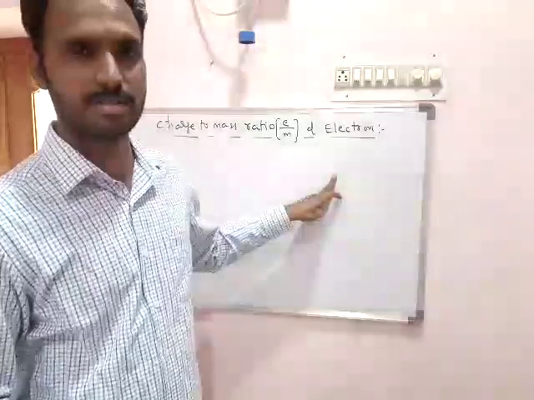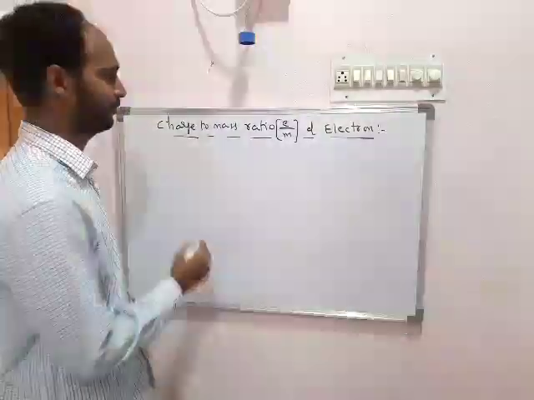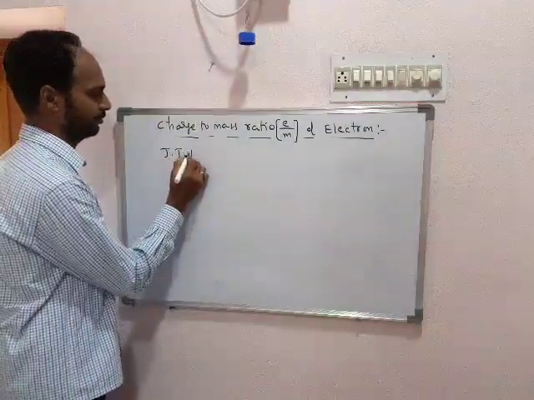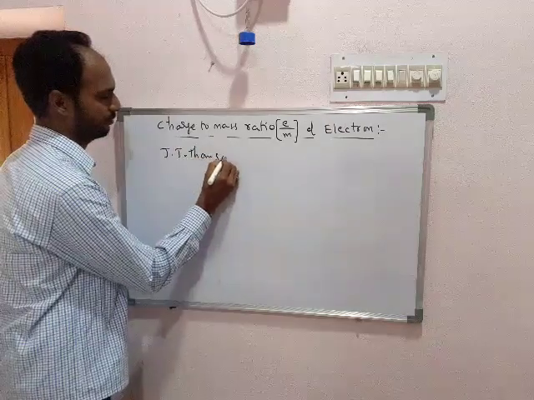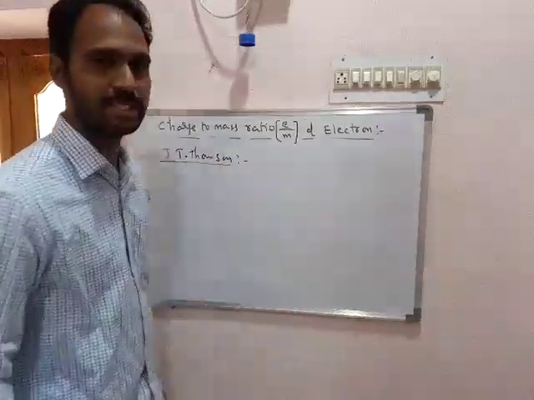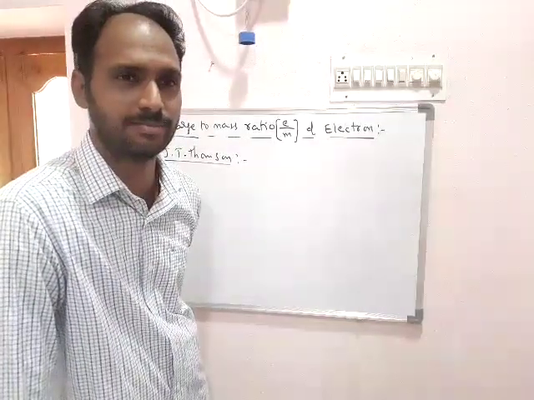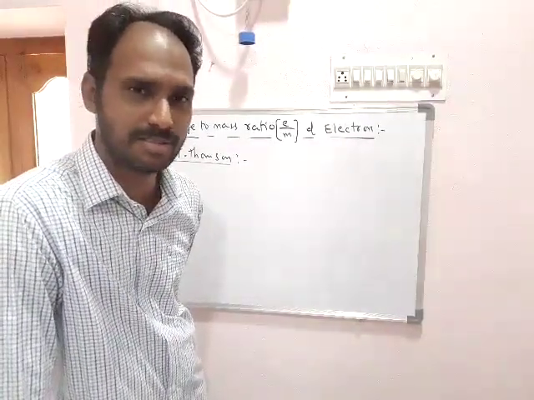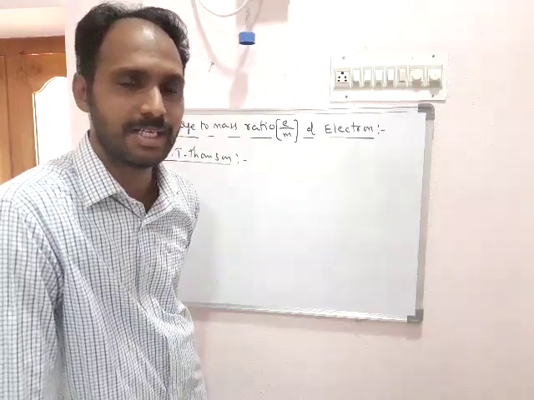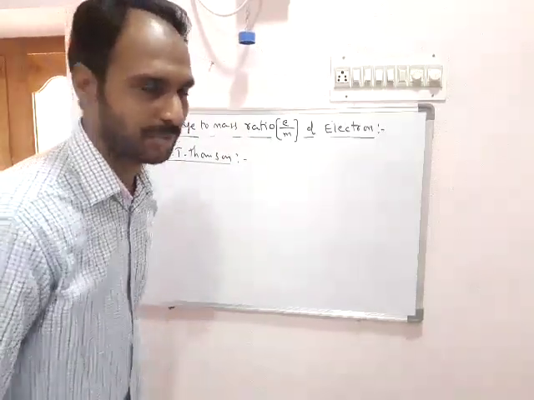Today we discuss the charge to mass ratio of electrons, which was determined by J.J. Thomson with the help of his experiments. What was his experiment? He did an experiment on cathode rays.